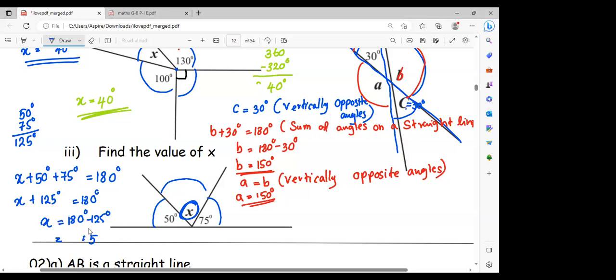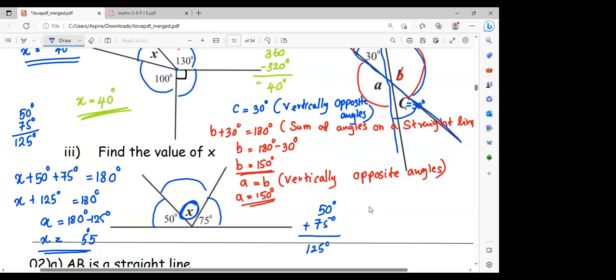It is 55 degrees. Or someone can do it in 2 steps. Someone can add 50 and 75, which gives 125.